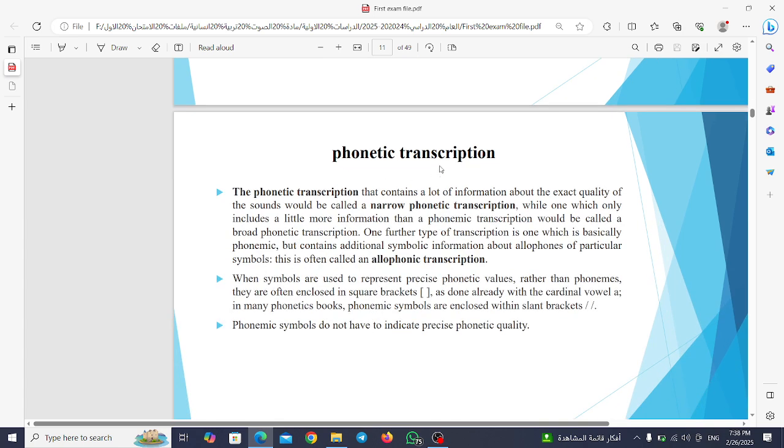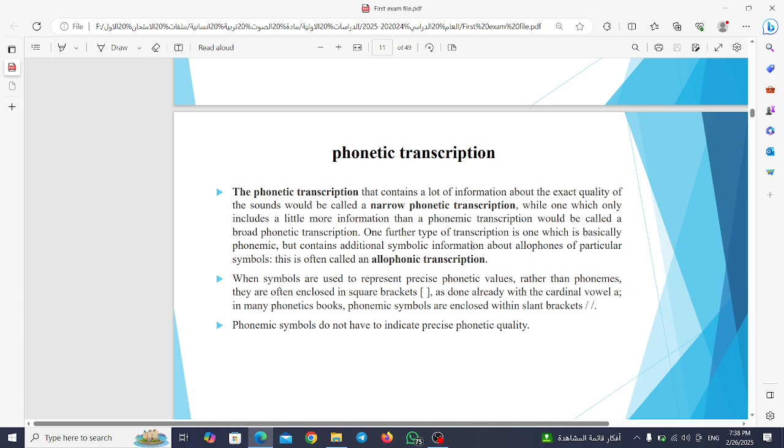Now, a phonetic transcription that contains a lot of information about the exact quality of the sound would be called a narrow phonetic transcription. While one which only includes a little more information than a phonemic transcription would be called a broad phonetic transcription, which is basically phonemic transcription.